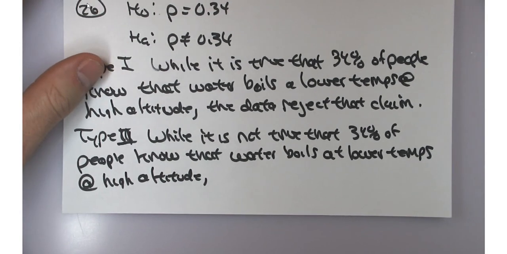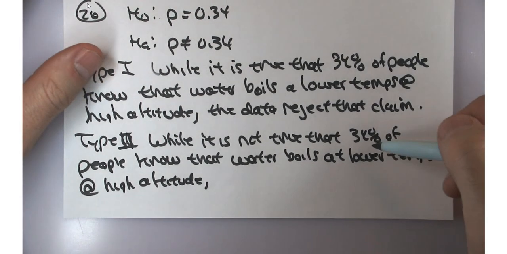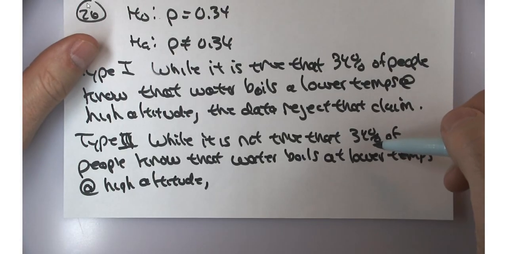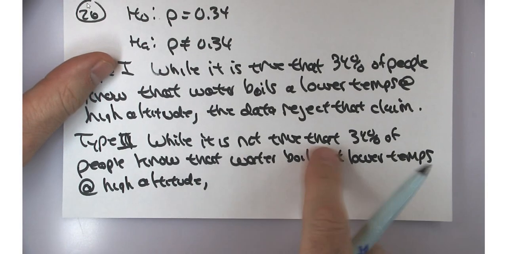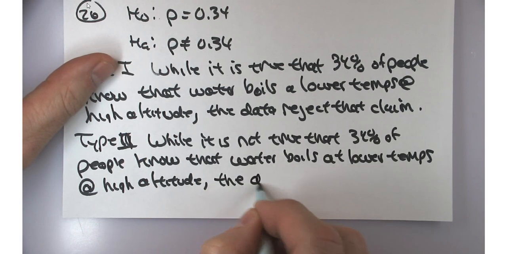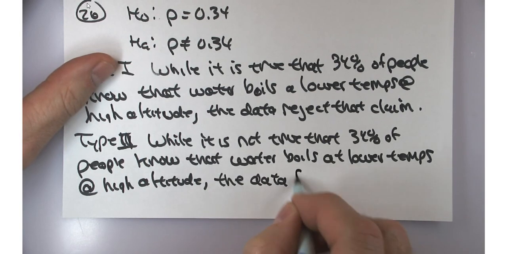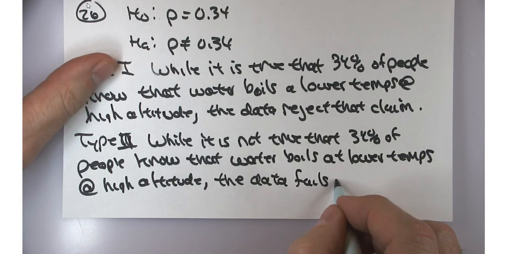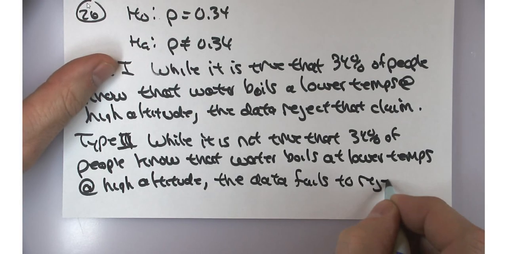So that's the status of H naught. It's not true. And all you're saying is that H naught is not true in words. The data fails to reject that claim.